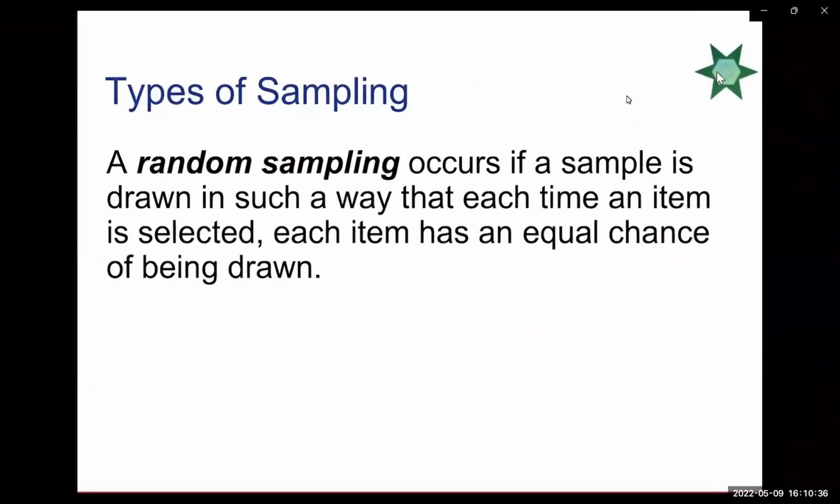The sampling techniques are good ways to get data. Random sampling: random sampling occurs if a sample is drawn in such a way that each time an item is selected, each item has an equal chance of being selected or drawn. That's called random, when everybody has the same opportunity.